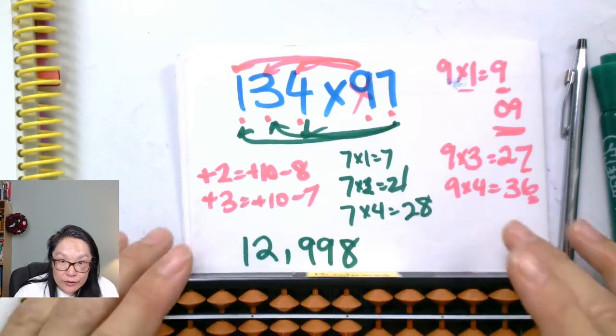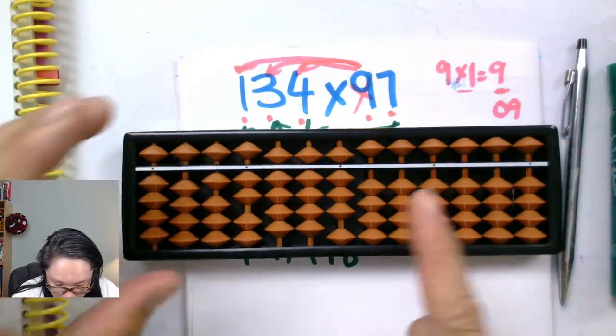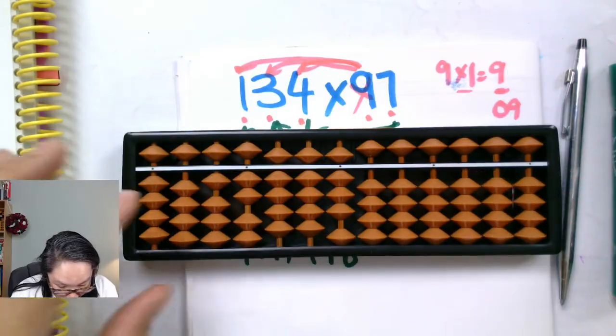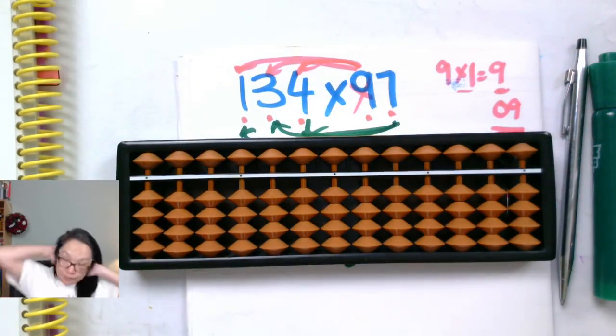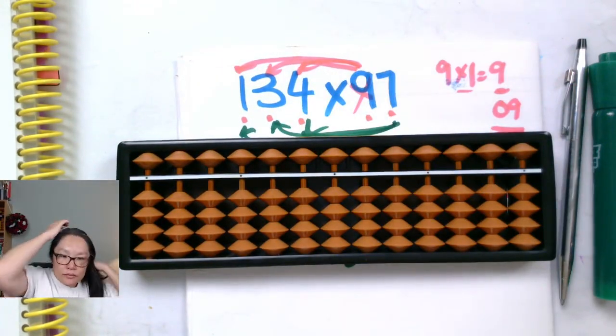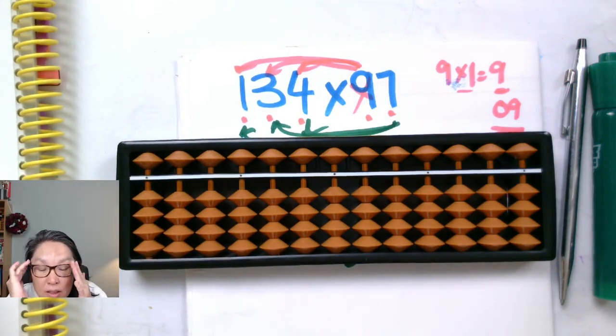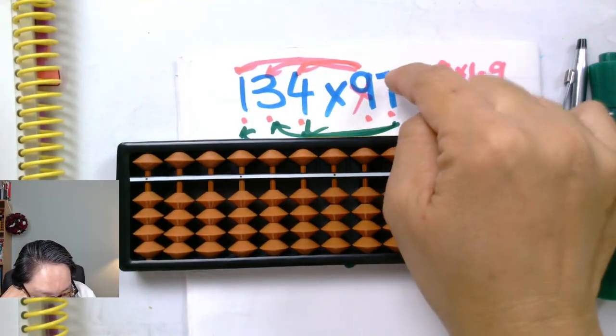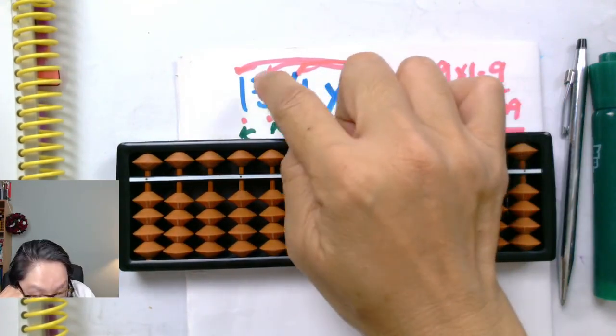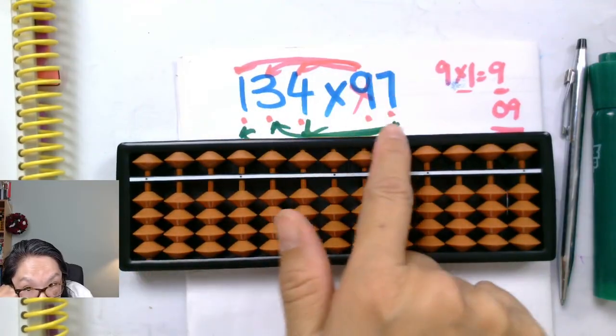Okay, let's do a review. What we're going to do is we're going to count our digits. 1, 2, 3, 4, 5. Okay? We have 5.